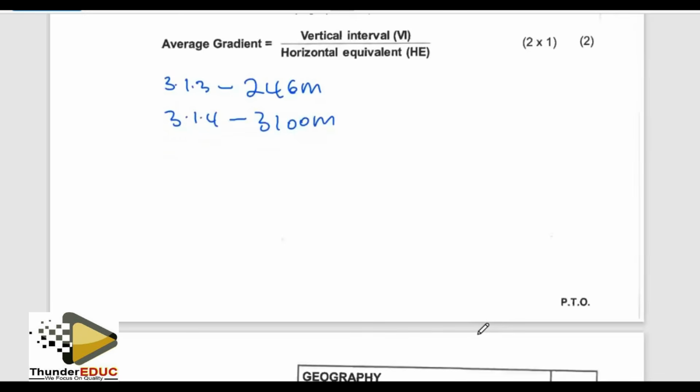What we do there, since we already have the distance, this was the distance here, then this was the difference in height.